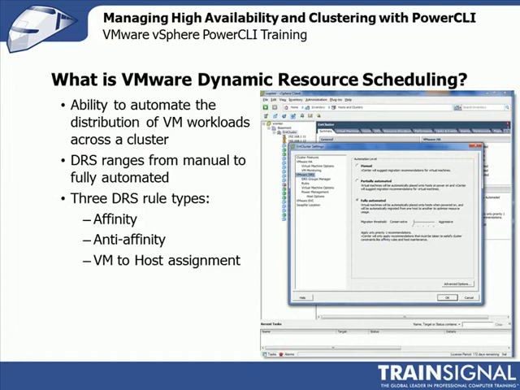For example, if you want to ensure that there's no single point of failure in a complex multi-server environment, you might want to ensure that your database server and your application server and your web tier server are on different virtual machine hosts.